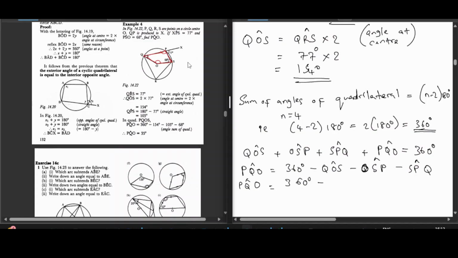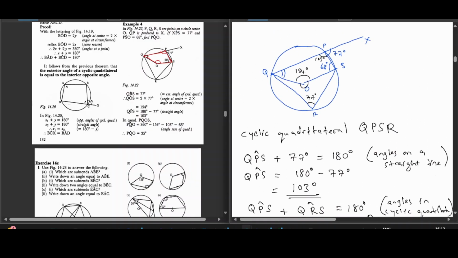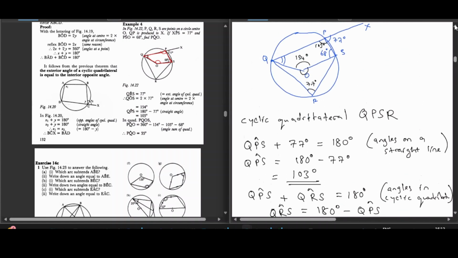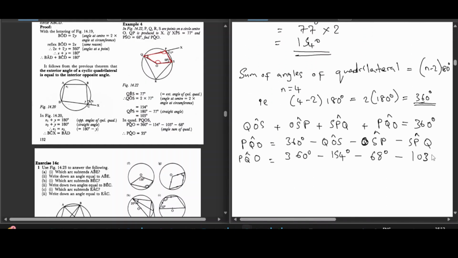QOS is what we calculated, we found 154 degrees. So 154 degrees subtract what is OSP, we were given in the question, 68 degrees, subtract what is SPQ, we calculated it here and saw it's 103 degrees. So let me put this inside our calculator to see what we get. So 360 subtracting what?